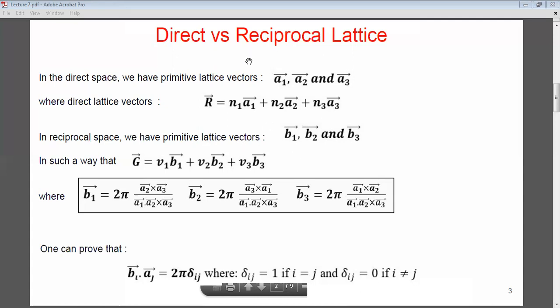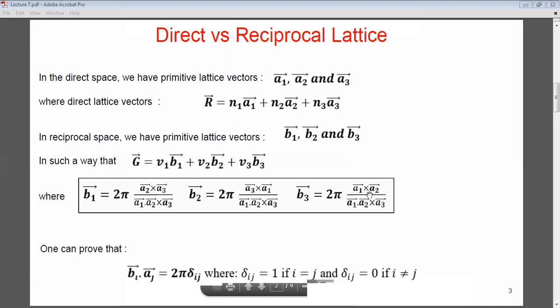And to differentiate them from A1, A2, A3, we will call them B1, B2, and B3 in such a way that we will have this vector G equal to V1 times B1 plus V2 B2 plus V3 B3, where B1 is 2 pi A2 cross A3 over A1 dot A2 cross A3, B2 is 2 pi A3 cross A1 over A1 dot A2 cross A3, B3 equals 2 pi A1 cross A2 over A1 dot A2 cross A3.